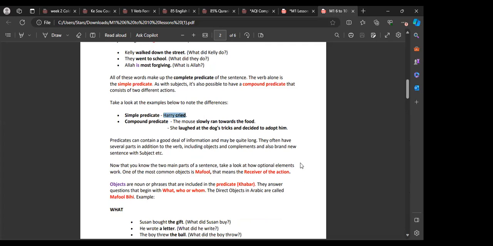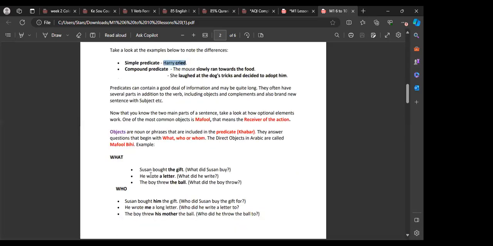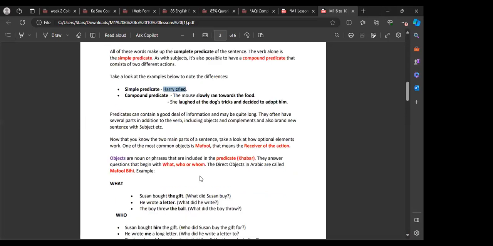In terms of the other elements that are optional, you have the maf'ul, or the object. So objects are nouns or phrases that are included in the predicate, and they answer the question that begins with what, who, or whom. So for example, Susan bought the gift. The gift is the object. So in the earlier sentence, the simple predicate, Harry cried, you don't need any extra information.